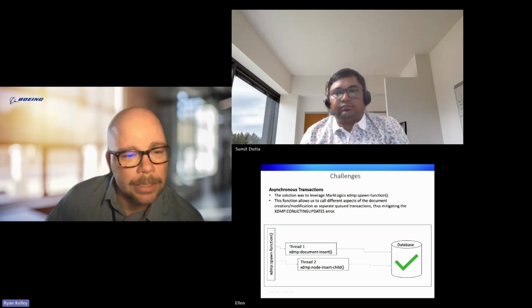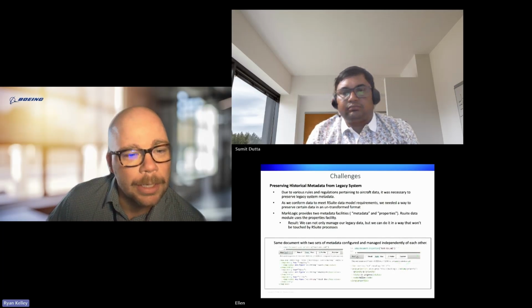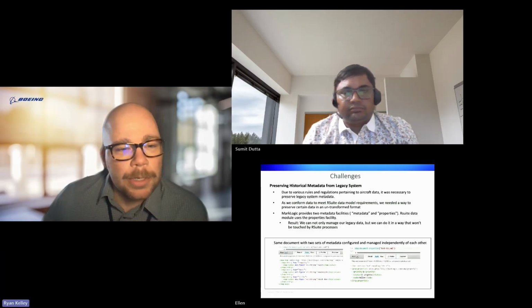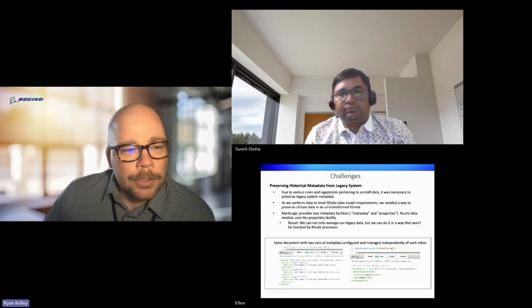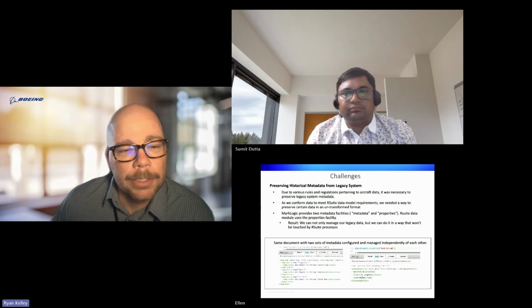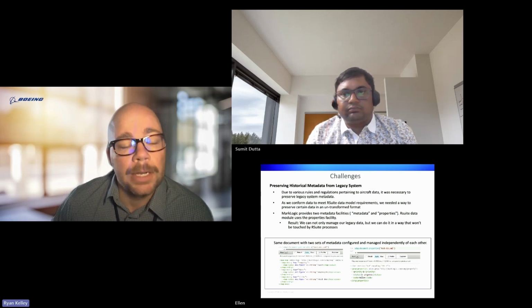And if we could go to the next slide, which highlights another. Okay. So this is another one that was very important to us. So I'll just read that top bullet point. Due to the various rules and regulations pertaining to this aircraft data, it's very important data. It's necessary to preserve the legacy system metadata, very critical.